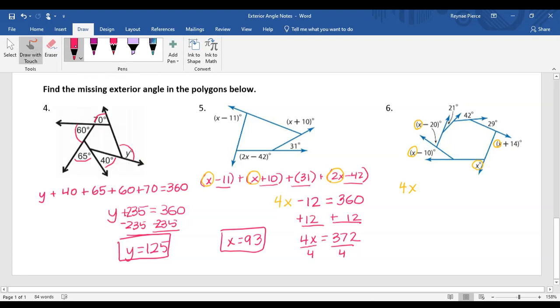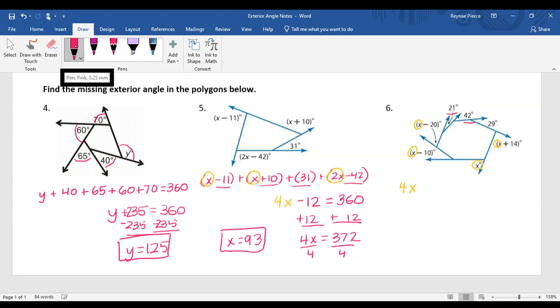And then I see 21 plus 42 plus 29 plus 14 minus 10 and minus 20, for a total of a positive 76.